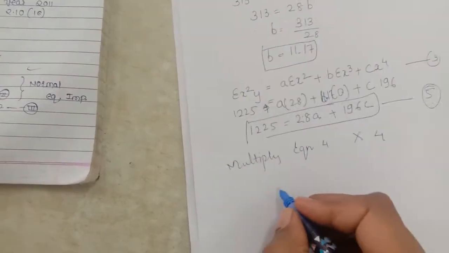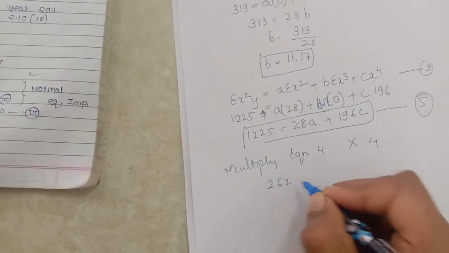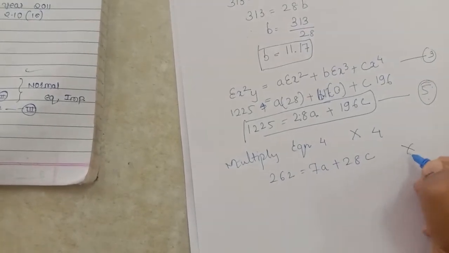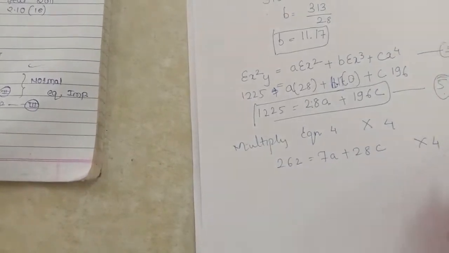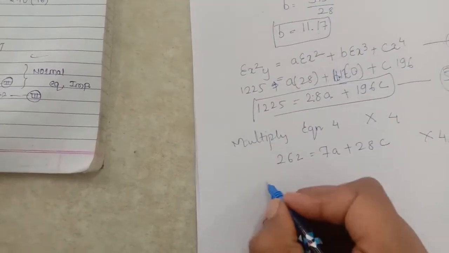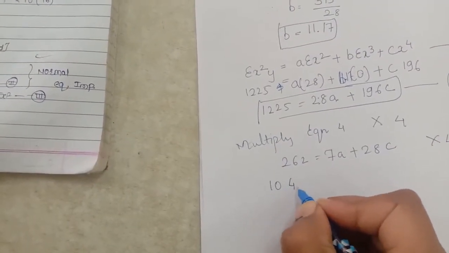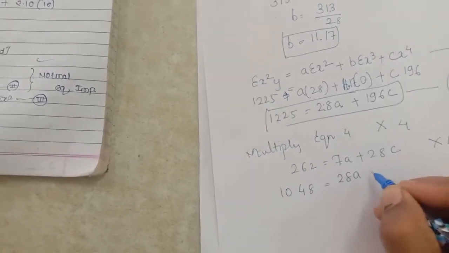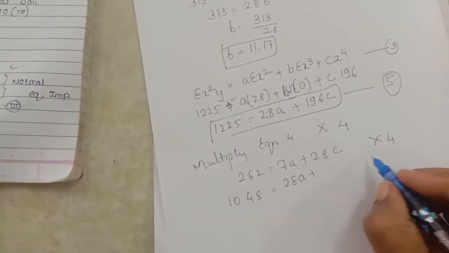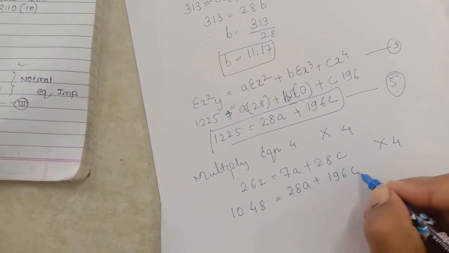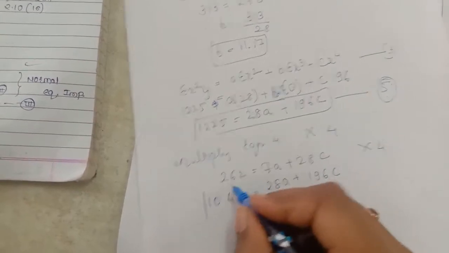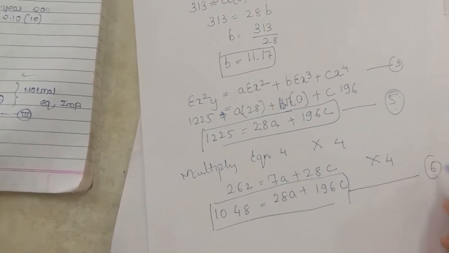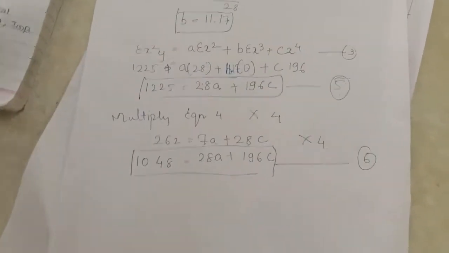Now what is equation 4? 262 is equal to 7a plus 28c, multiplied by 4. 262 into 4 is 1048 is equal to 7 fours are 28a plus 28c into 4, which is 112c. So now you got the sixth equation from the fourth equation.